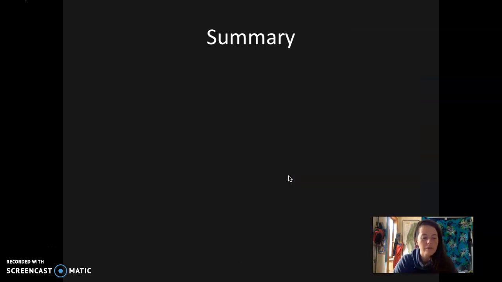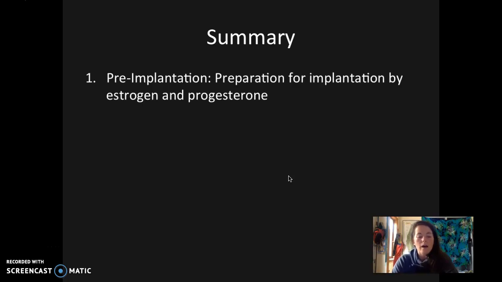So let's summarize what we have covered in this brief introduction to the hormonal control of implantation and early embryonic development. Before implantation even occurs, progesterone and estradiol or estrogen ready the endometrium for implantation by the blastocyst by thickening the endometrial wall and increasing how vascular it is.